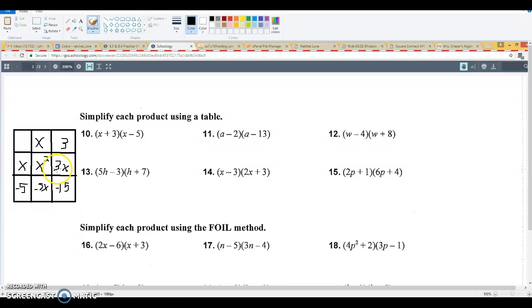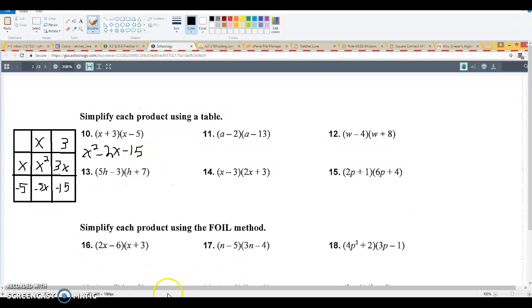And you just combine your like terms. We have a 3x and a minus 5x, which will be a minus 2x. So we start off with the highest degree term, x squared, then minus 2x, minus 15.